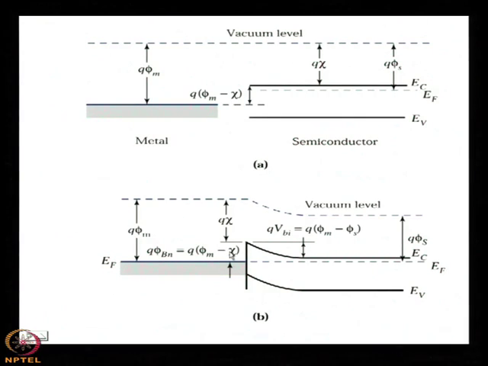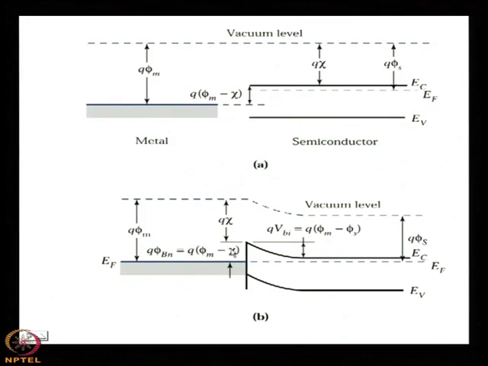For any metal, the work function is available, and chi is the electron affinity of the semiconductor, and this value is also available for the normal semiconducting materials, not very new materials, but people have found out the values for chi also. So, you can see what is the value of phi m minus chi, and that is your barrier height for that metal semiconductor contact.